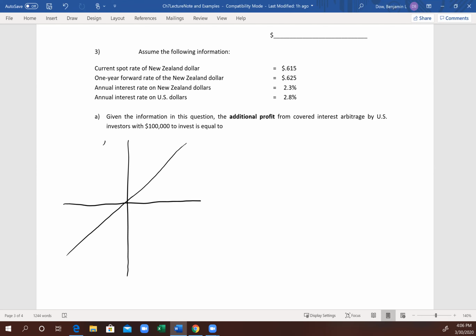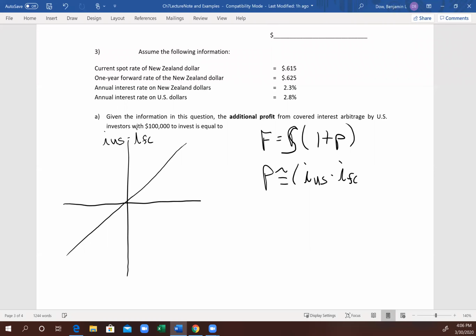And so if we go back and look, remember that the difference in interest rates between the US and the foreign currency was really part of the premium that we found when we looked at the forward rate relative to the spot rate. So what we showed earlier was that the premium was approximately equal to the difference in interest rates.